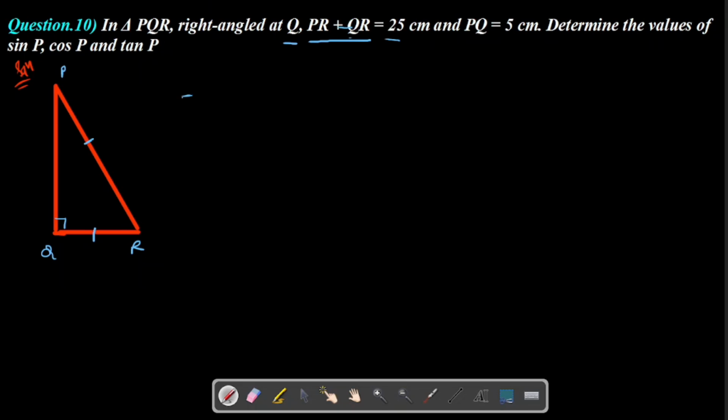The sum of these two sides, PR plus QR, is equal to 25 centimeter, and the side PQ is 5 centimeter. Now we have to determine the values of sine P, cos P and tan P.